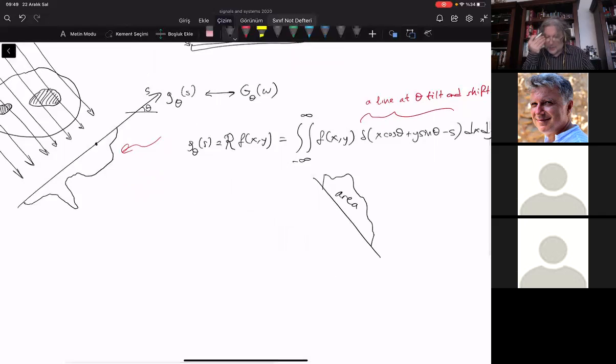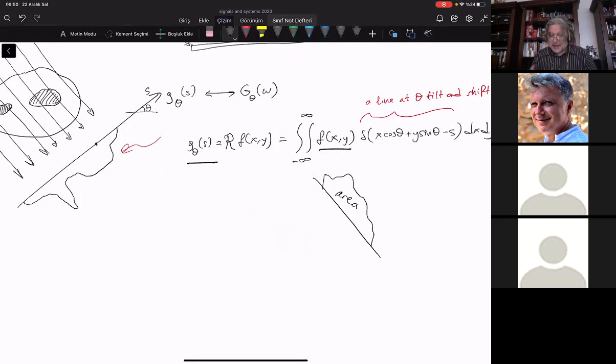Now, interestingly, this is the fascinating analytical way of doing things. The relation between g theta of s and f of x y is complicated, like this one. It's multiplication with a line impulse and integration, etc.